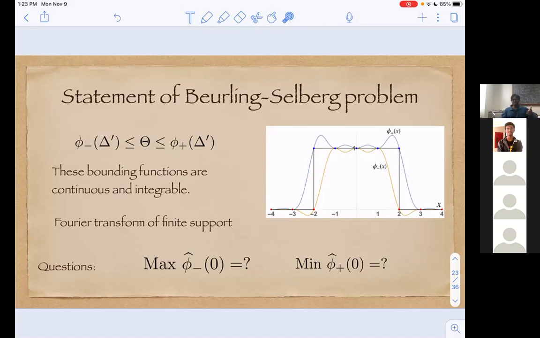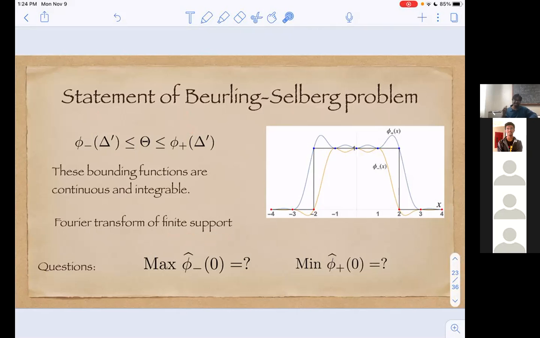And then you also require that the Fourier transforms of phi plus and phi minus have finite or bounded support. So these are band limited functions, and you say that the band limit is some number, twice pi, 4 pi, or something, some lambda.